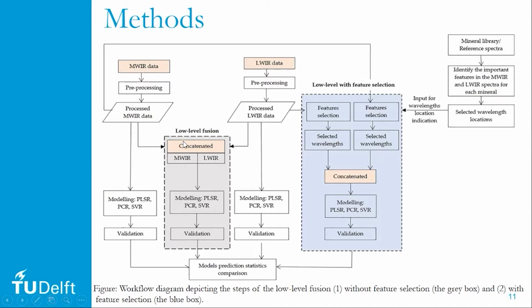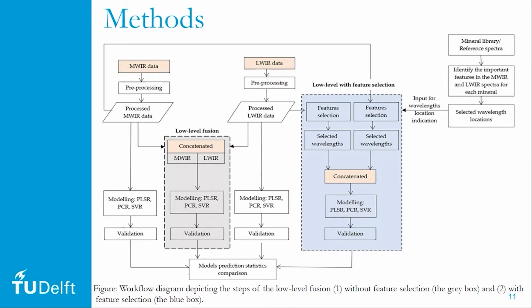In the first one, the entire variables in the mid-wave infrared and long-wave infrared data blocks were concatenated after pre-processing. However, the second one is based on feature selection or extraction.